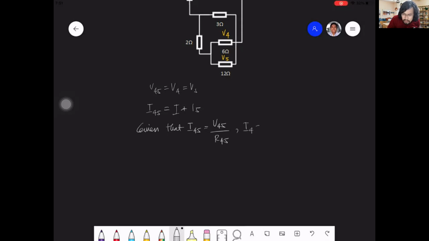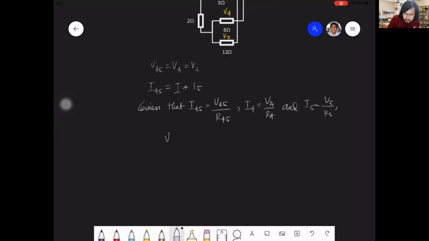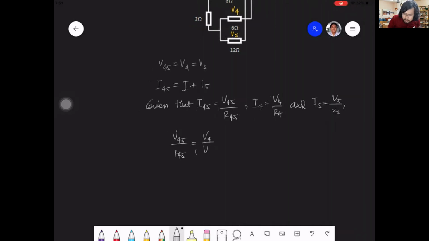I4 equals V4 over R4, and I5 equals V5 over R5. We can say that V45 over R45 equals V4 over R4 plus V5 over R5.